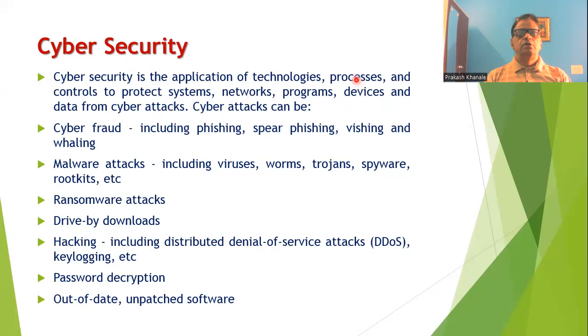Many times cyber security will consist of certain processes. So it is an application of technology, processes and controls that can be used to protect the systems that are normally connected to the internet.